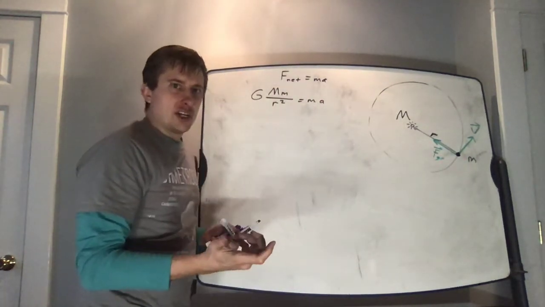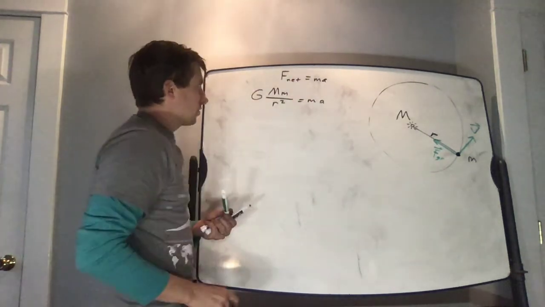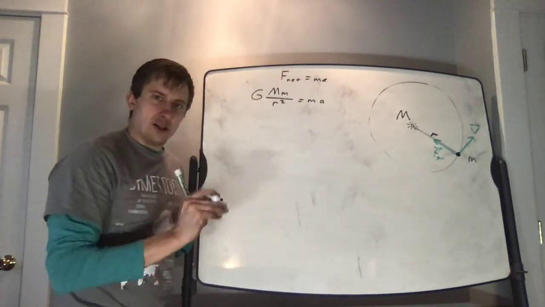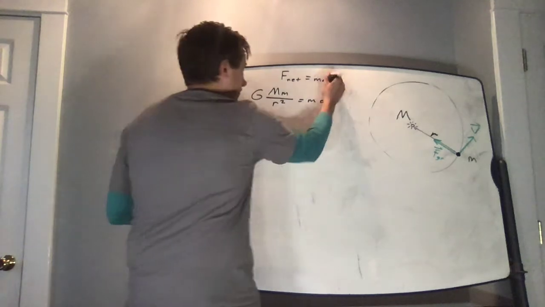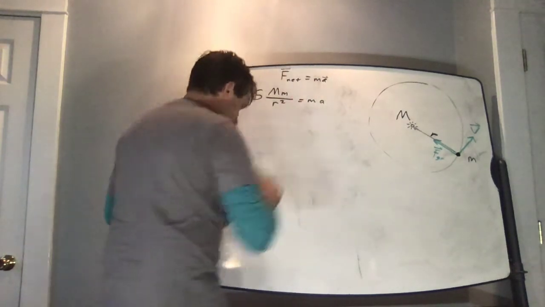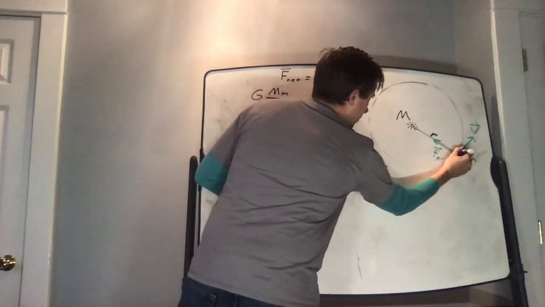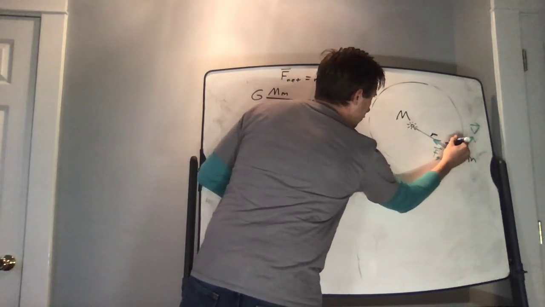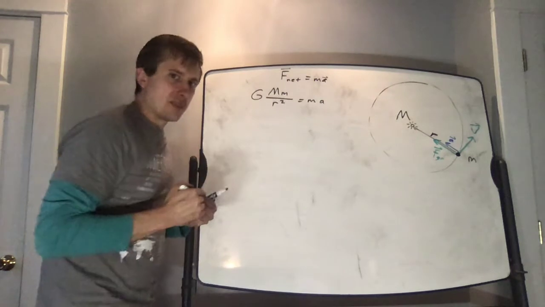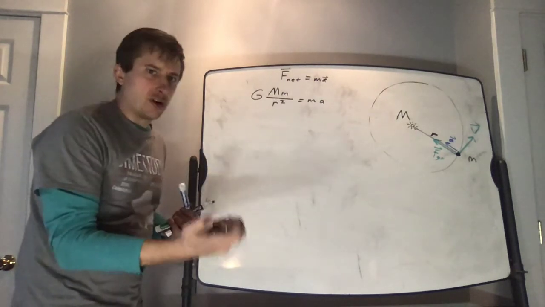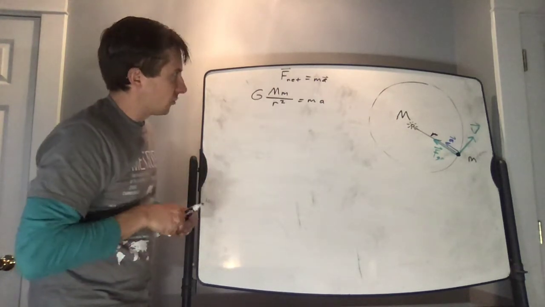The acceleration of the planet from Newton's second law is always parallel with the direction of the net force. So that implies that the acceleration of the planet is going to be perpendicular to the direction of the velocity. There will be no tangential component of the acceleration of the planet.